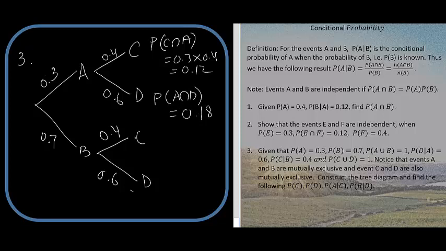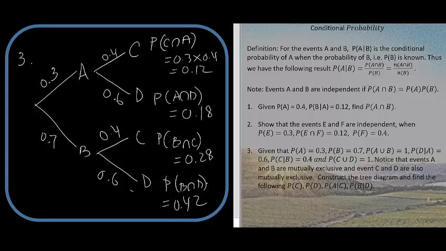When you multiply this way, you get probability B intersection C, which is 0.7 times 0.4, 0.28. Multiply this way, you get probability B intersection D will be 0.42. So we have got all of this.